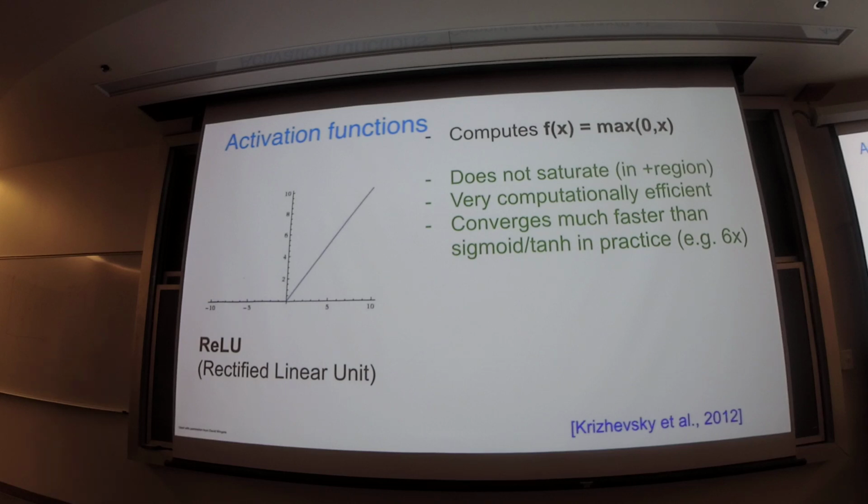That's maybe kind of hand wavy, but it's different from the Sigmoid because Sigmoid is mapping everything into the positive range, not into 0 and the positive range.